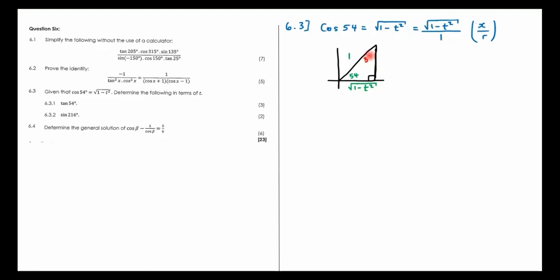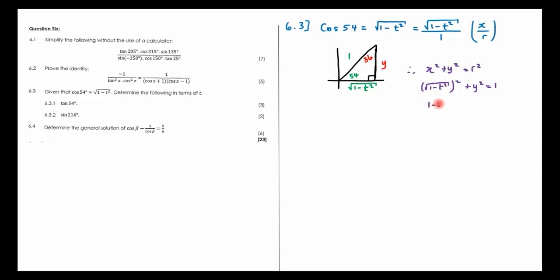So now the only thing which is left is this y value. Now how do I find the y value? I'm going to apply Pythagoras. So here x squared plus y squared equals r squared, and x is root 1 minus t squared, whole squared, plus y squared equals 1.